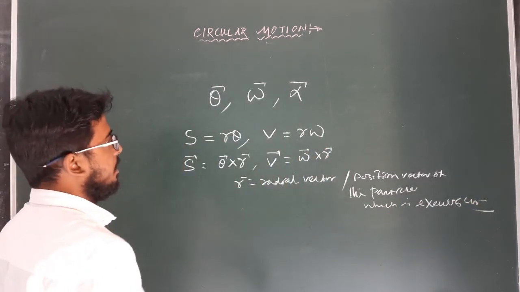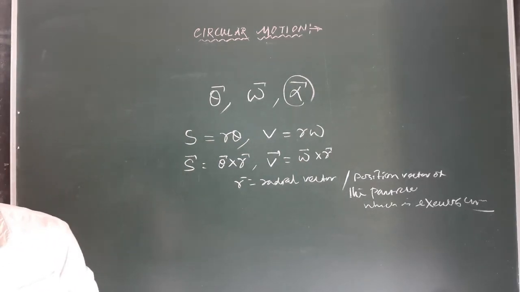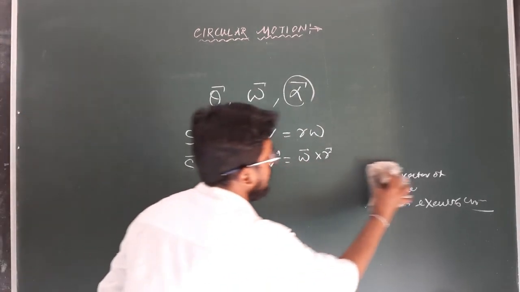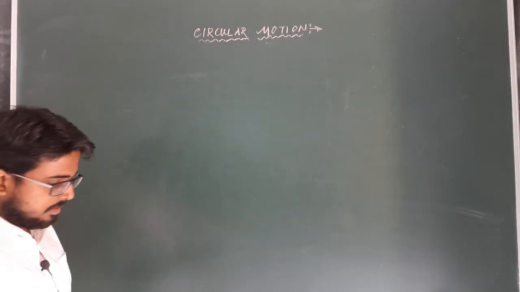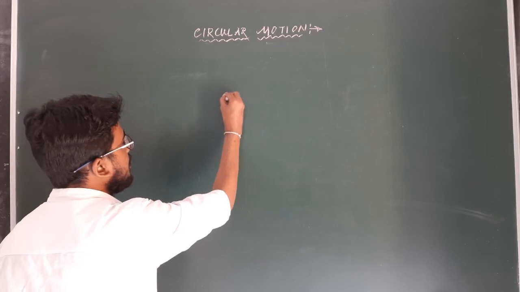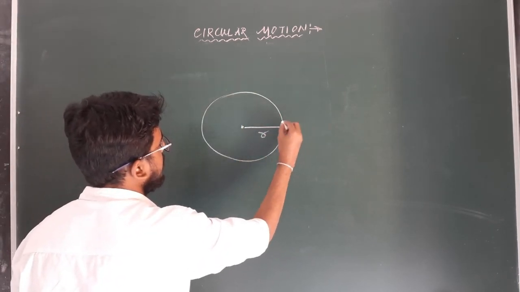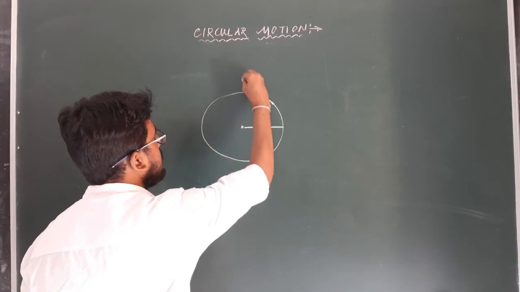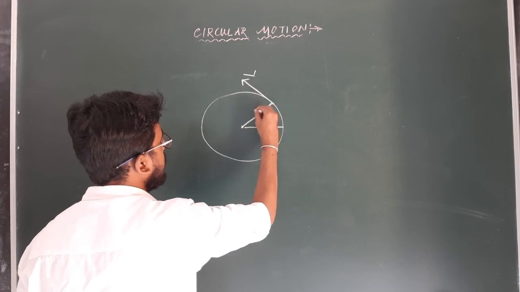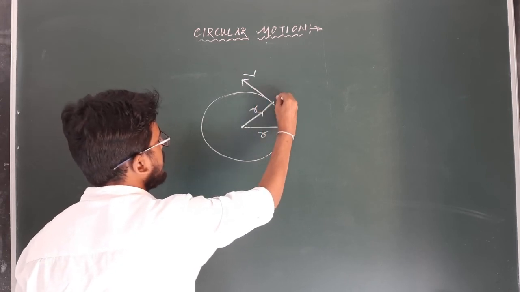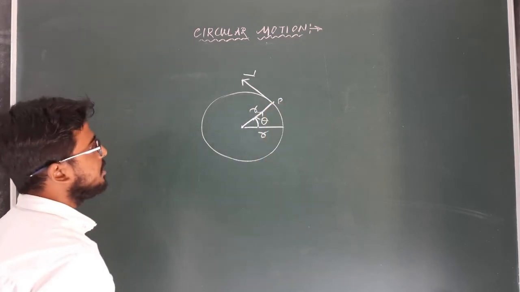Okay, and the angular acceleration is related to the linear acceleration, like we already established the relation in vector form. If a particle is executing circular motion in a circular path of radius r, at any instant the linear velocity is tangent to that point, and this is the radial vector or position vector of the particle at that instant, and the angle sustained by the position vector will be the angular displacement.